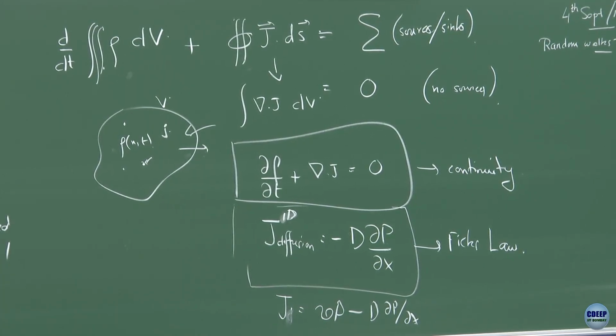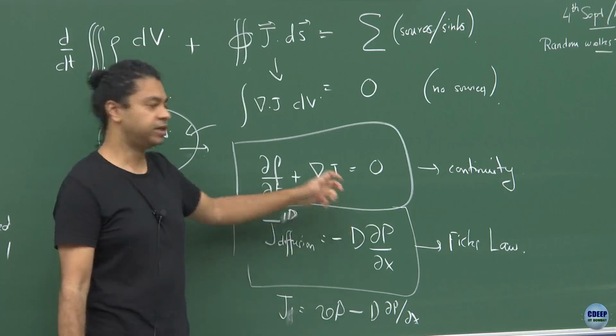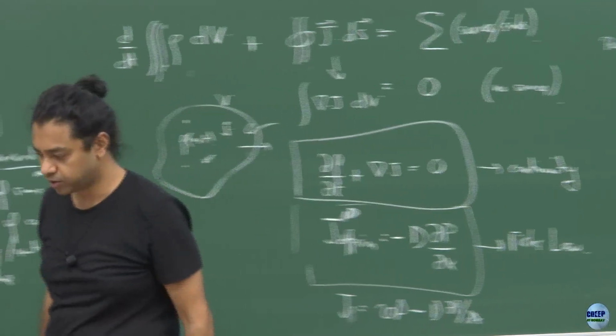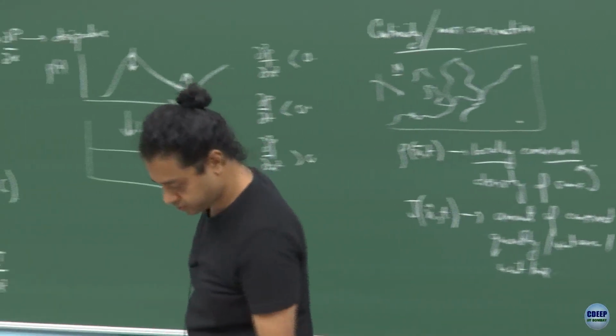So often people will refer to Fick's law, and you have to interpret that as the diffusion equation plus continuity to read off the diffusive currents.